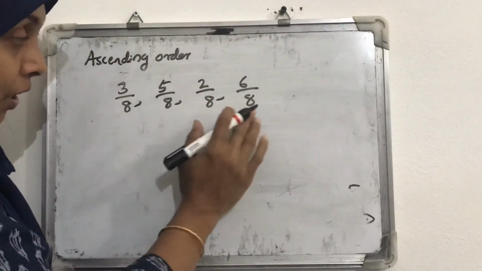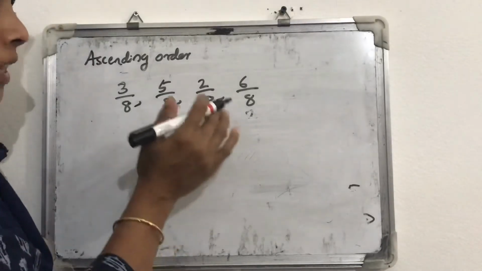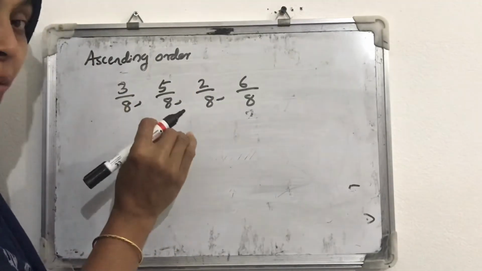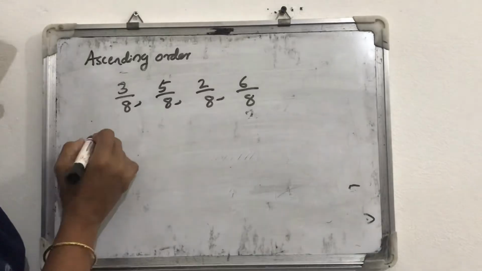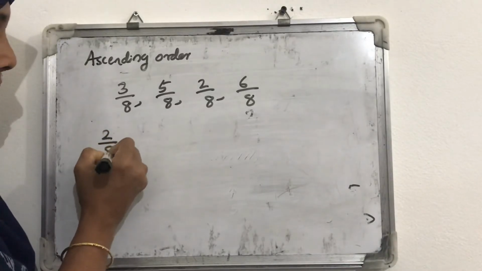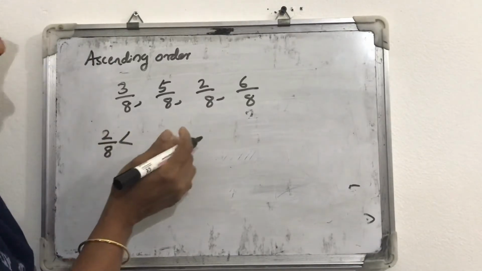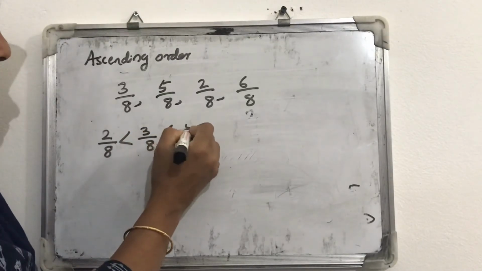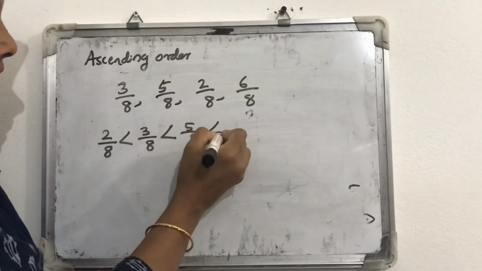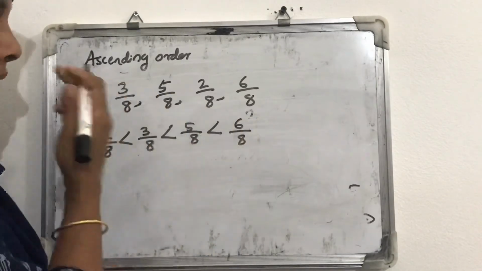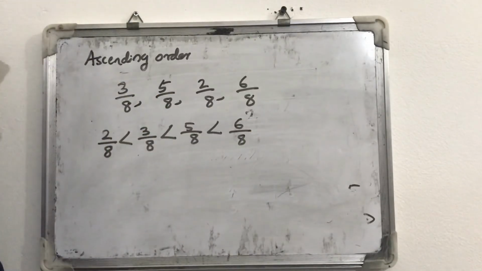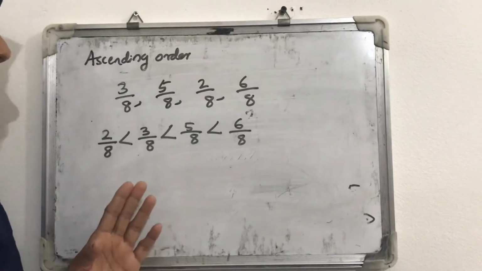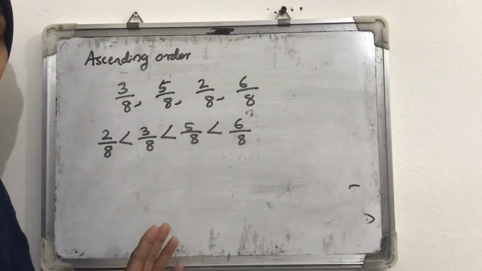If the denominators are same, the fraction with the smaller numerator will be the smaller fraction. So 2 by 8 is the smallest, less than 3 by 8, less than 5 by 8, less than 6 by 8. Arranging the fractions like this is called ascending order of fractions.